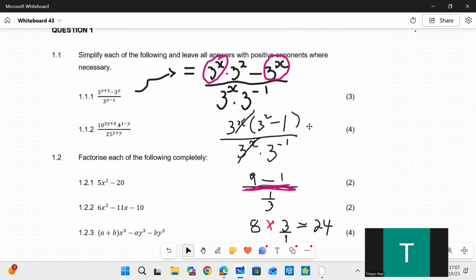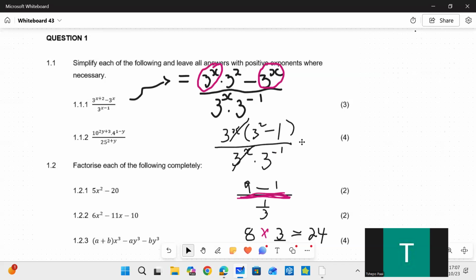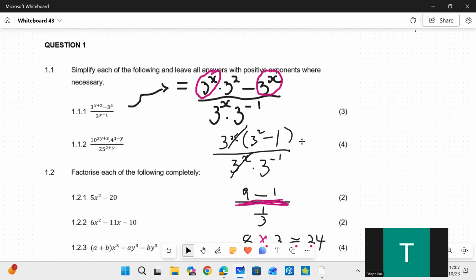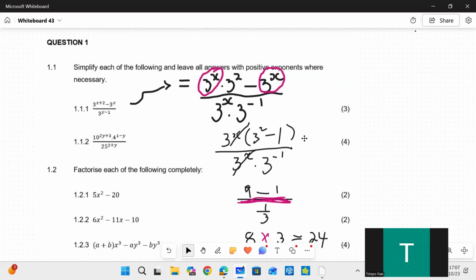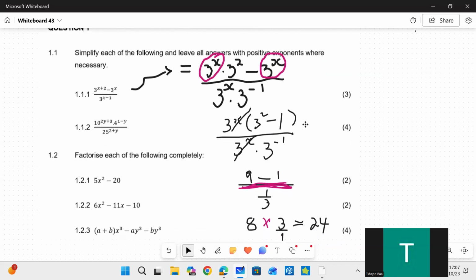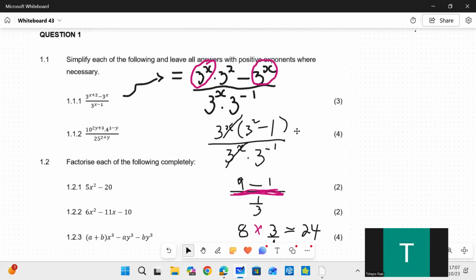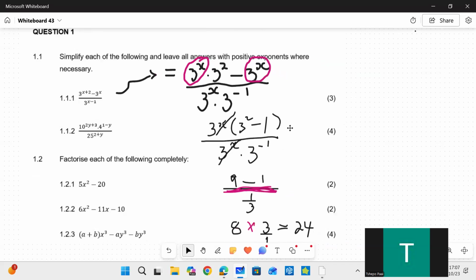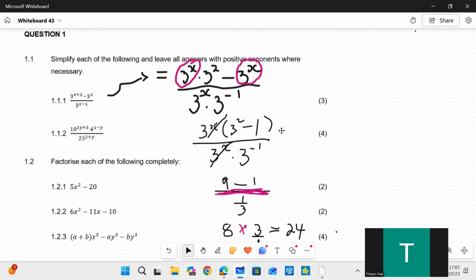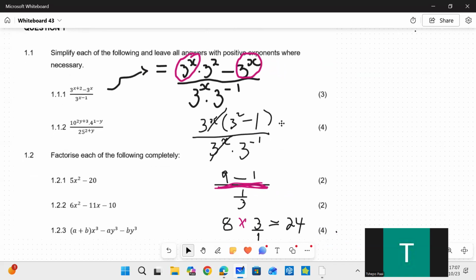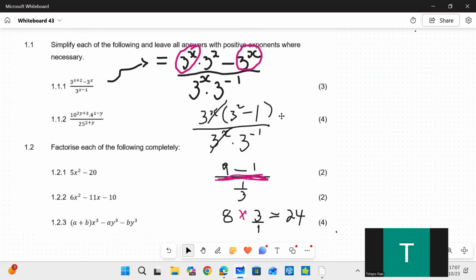So what we did there, first we expanded. After expanding, we took out a common factor. And then after taking out the common factor, you realize that 3 to the exponent x cancels out with 3 to the exponent x. What is left in the bracket there is 3 squared minus 1. 3 squared is 9 minus 1.